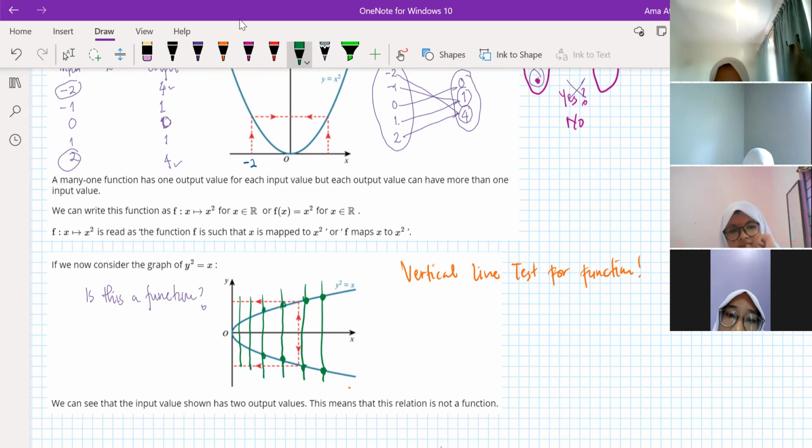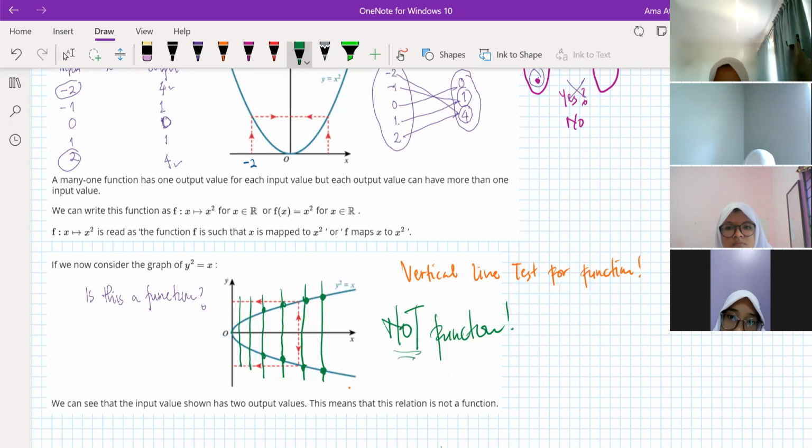Therefore, it is not a function. A student may say, Miss, this is only one cutting at 0, 0. Okay, but what about the others? For the majority, if you draw the vertical lines, the line will cut the graph at 2 points, and therefore it is not a function.